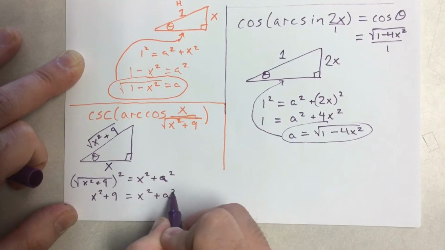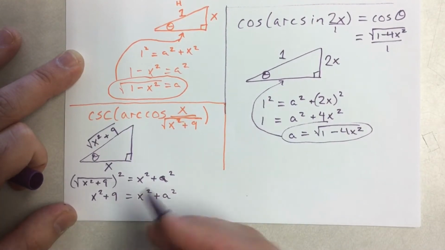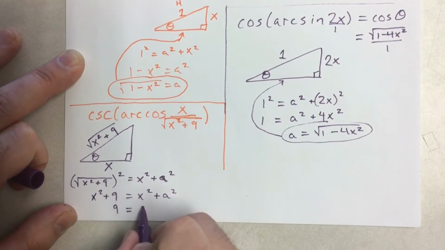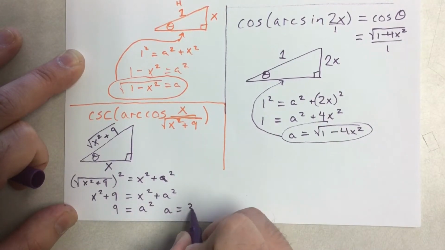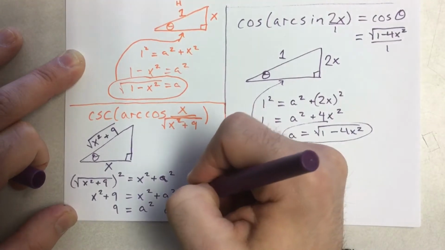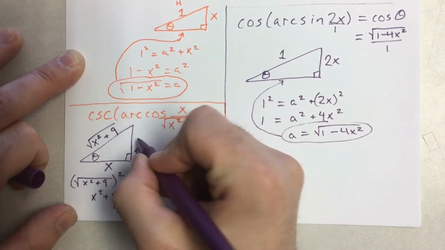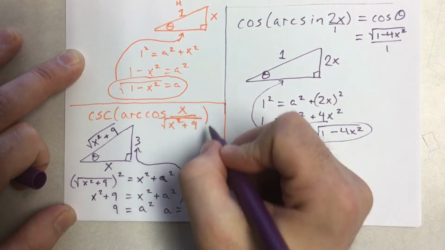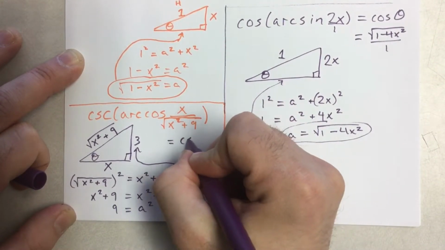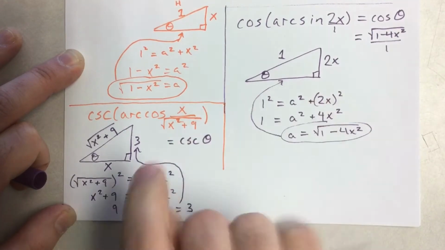Okay. And then x squareds on both sides, so they would cancel, giving us 9 equals a squared. And then we would see from that that a must be equal to 3. So our unknown length is 3.